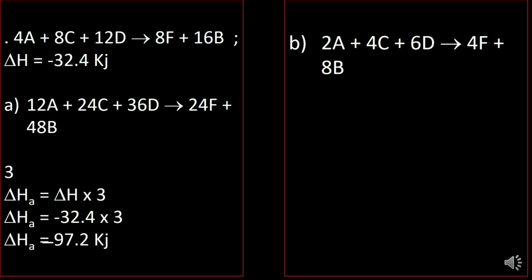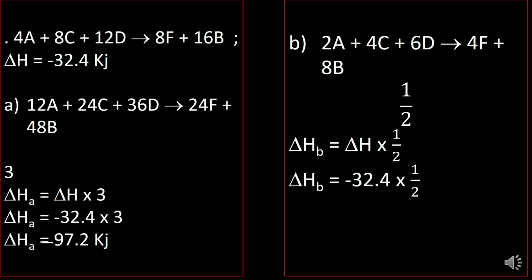So the change in enthalpy of B is minus 32.4 times 1 over 2, which is minus 16.2 kJ. Don't forget your unit and don't forget the minus sign. The minus sign has an importance in that question.